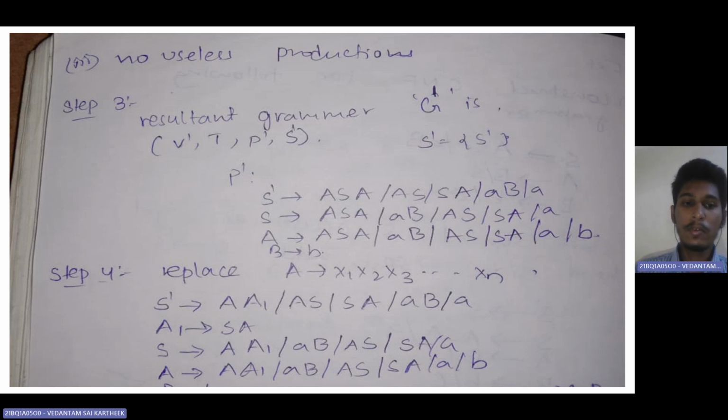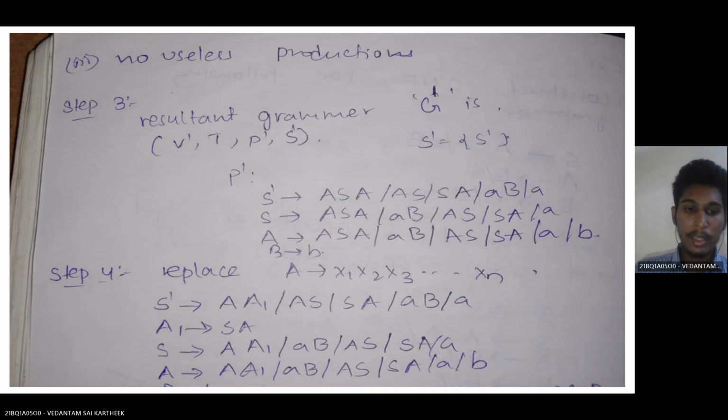After these three steps, we enter the step where we define the resultant grammar as G dash, and we define the productions, terminals, non-terminals and start symbol.